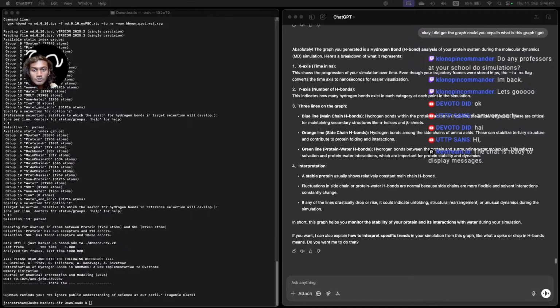Do any professors at your school do simulations? I actually don't know. Right now I don't think so, but next month, when my classes start, one of the first classes I have is on bioinformatics, and the classes I'm going to choose are sequence analysis, biological sequence analysis, machine learning, and introduction to AI.